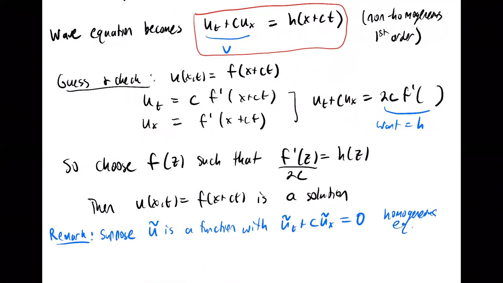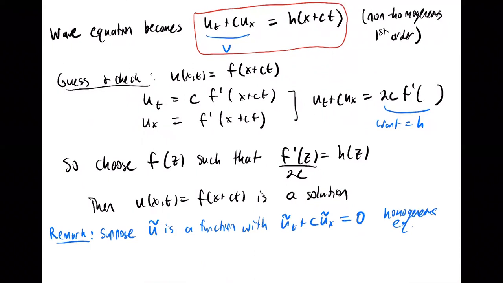Well, if I add this function to u, I'm going to get another solution to my original problem, right? So the claim is that if I add, right, so u plus u tilde, I take the t derivative, and then plus c times the x derivative of u plus u tilde, the claim is that this also has to equal h of x plus ct.